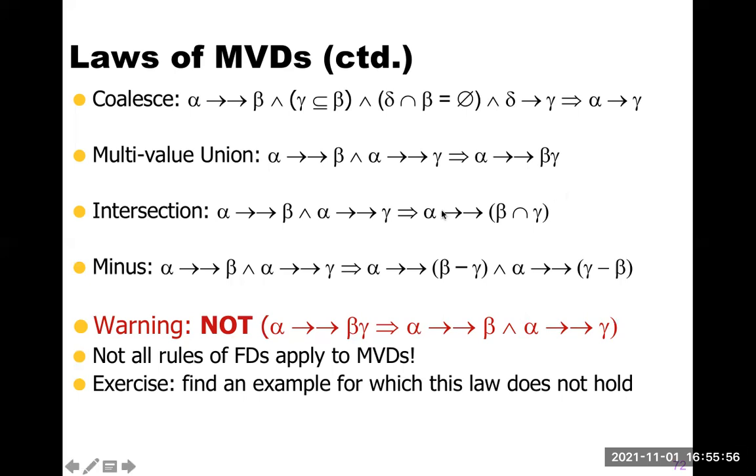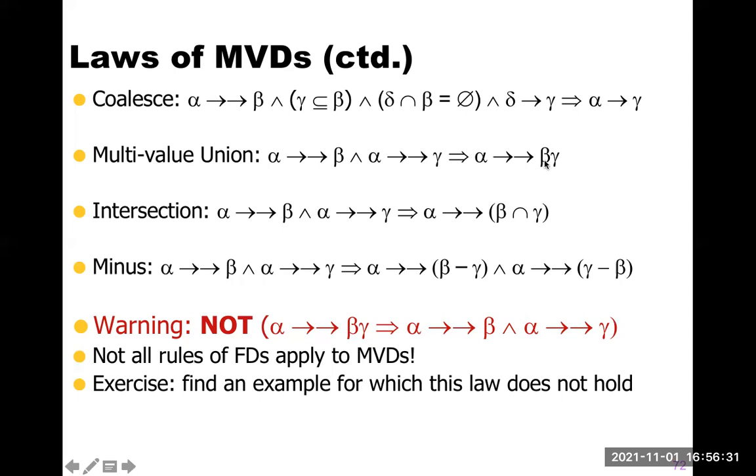That would still be multi-value dependent. Minus: alpha to beta and alpha to gamma, then alpha to beta minus gamma, and alpha to gamma minus beta. That's essentially something like intersection, but so everything with beta and gamma, all the combinations, union, intersection, subtraction in this direction or that direction, everything is correct. Everything is possible.